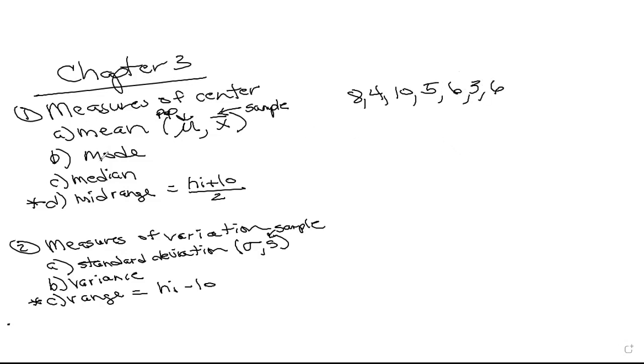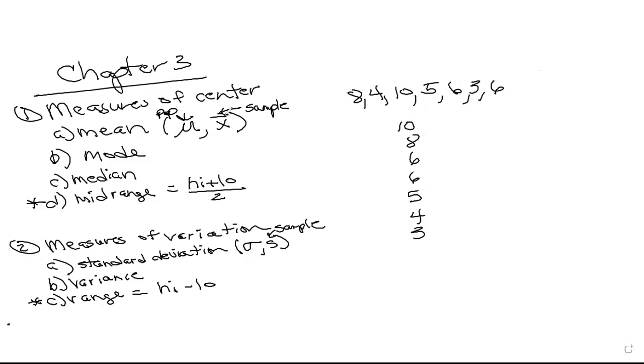And I told you to find all these measures of center. The first thing you need to do is put them in order. And I would put them in order from high to low, okay? Because you got 10, and 8, and then 6, and another 6, and a 5, and a 4, and a 3. 1, 2, 3, 4, 5, 6, 7.